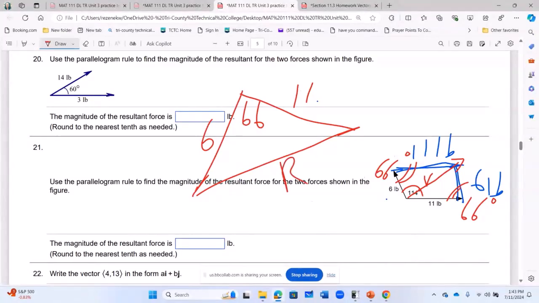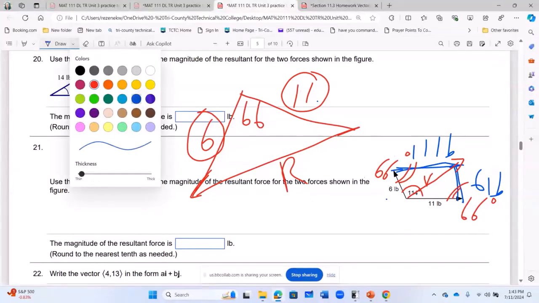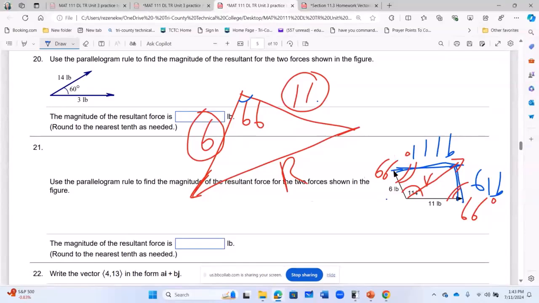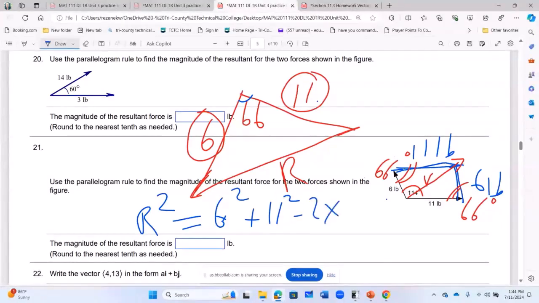And again, I cannot use sine rule here because I'm given two sides and an included angle. This is a candidate for cosine rule again. So R squared, the resultant force, is equal to 6 squared plus 11 squared minus 2 times 6 times 11 cosine of 66.